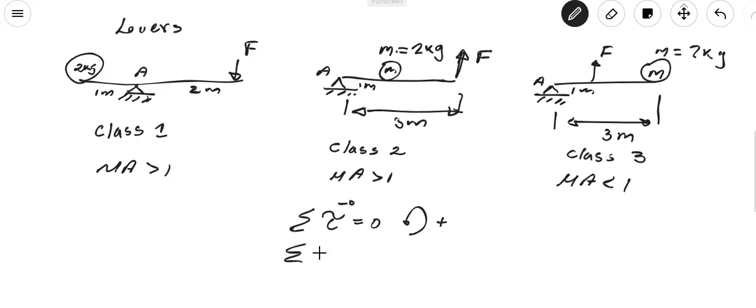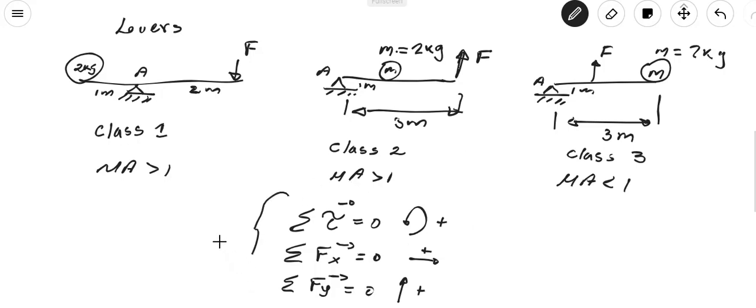The sum of the forces in x is equal to 0, taking positive the forces pointing to the right. And the sum of the forces in y is equal to 0, taking positive those forces acting up. Once you know these equations, called the equations of equilibrium, we can solve problems involving levers and some other problems.